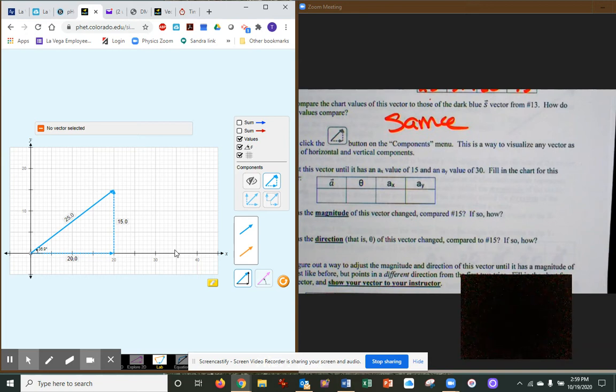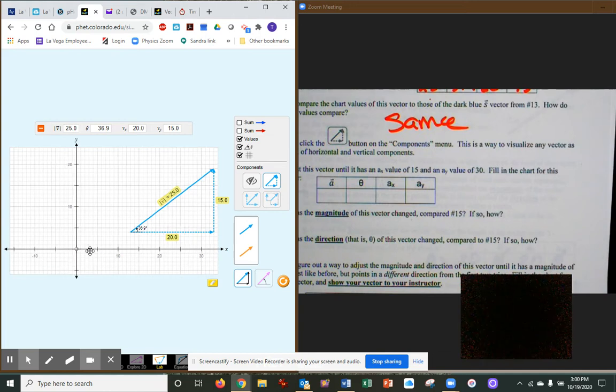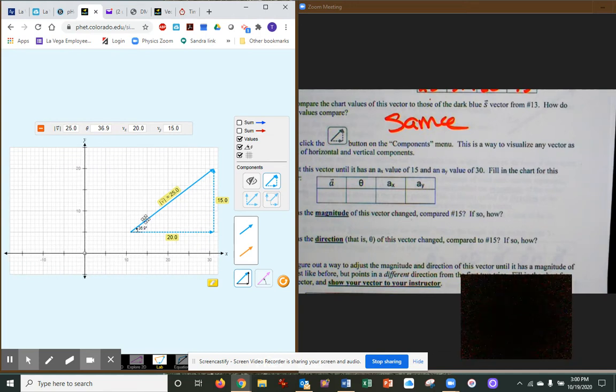Now you're going to adjust your vector. You're going to move the vector until the value of X is 15 and Y is 30. You can use the same one, but I'm going to use a different color so I can compare and contrast.